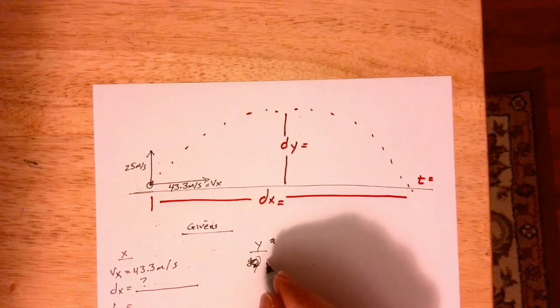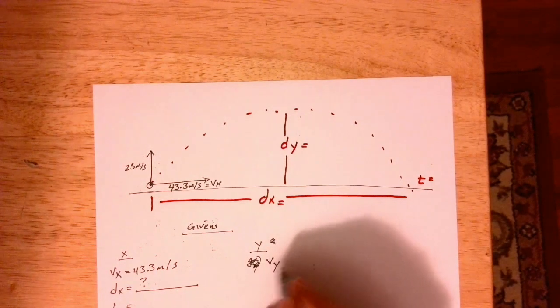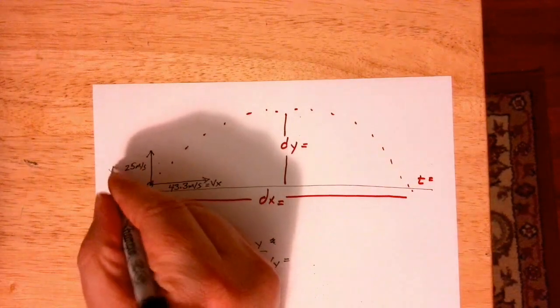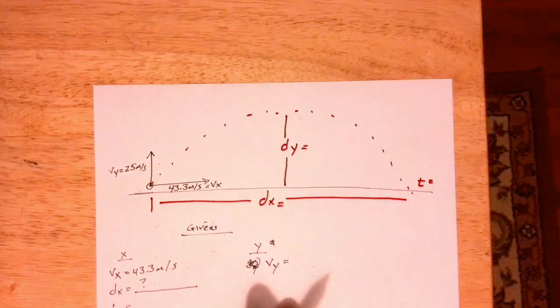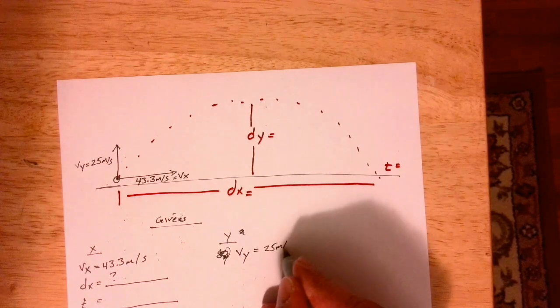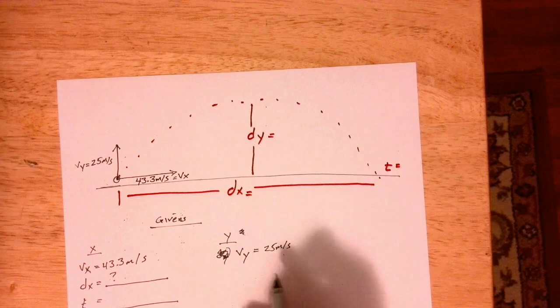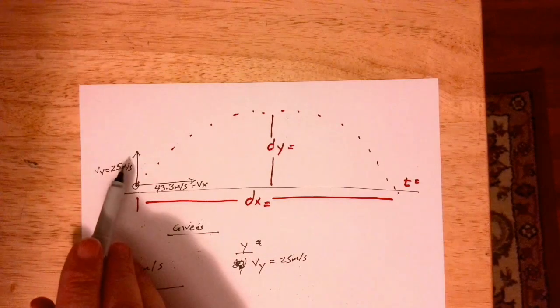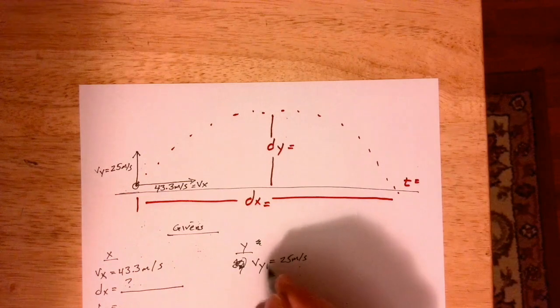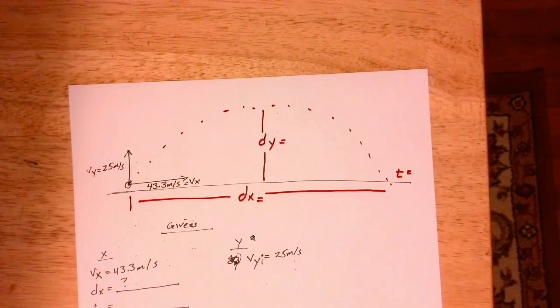First I want to talk about v sub y. I'm sorry about that, see, this is the reason why you label your diagrams. V sub y is 25 meters per second. So it's being thrown up at 25 meters per second, but that is your initial velocity.